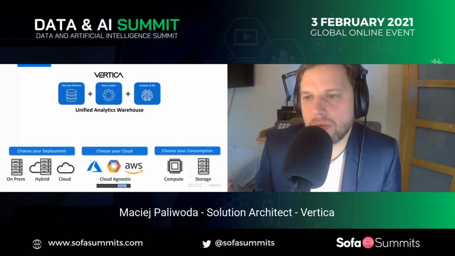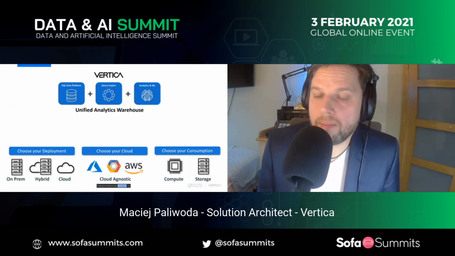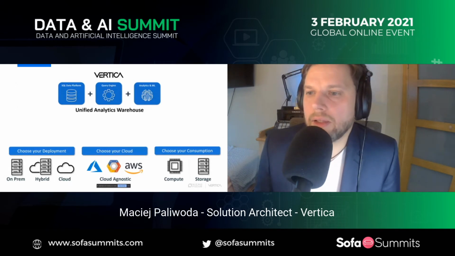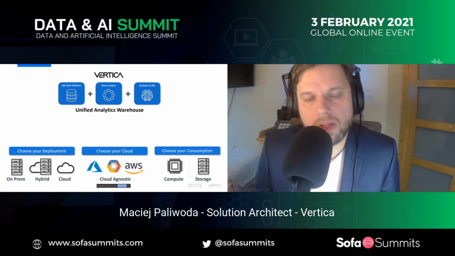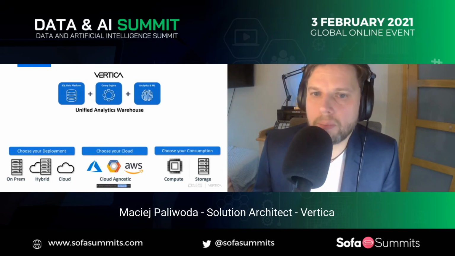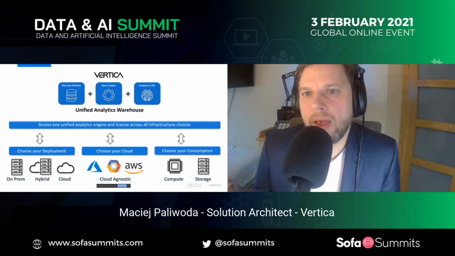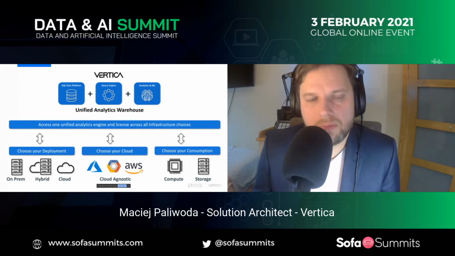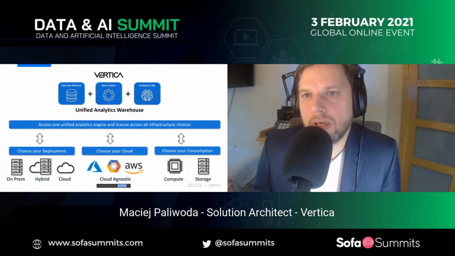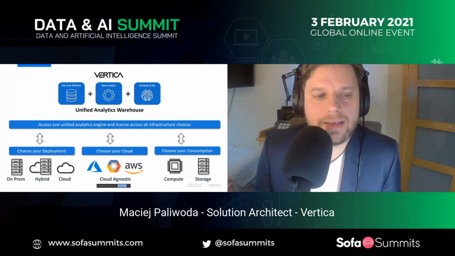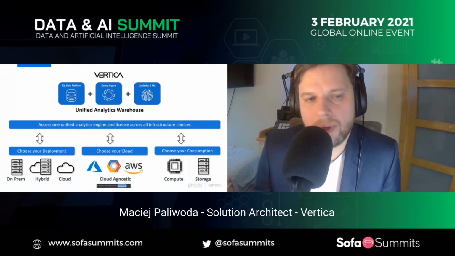What is also worth stressing is that Vertica allows you to do both on-prem and in the cloud, and I think we are the only technology capable of doing both. Please remember that Vertica gives you one unified analytic engine and the same license, and it's still one single binary file.